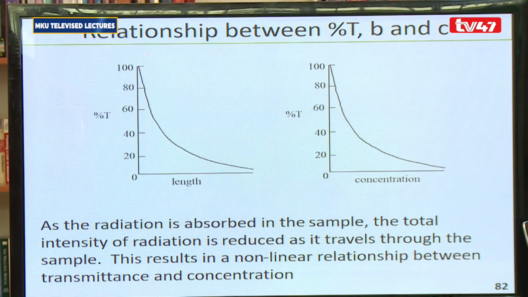If you look at transmittance and path length, you can see the relationship is not linear. Transmittance and concentration, again, the relationship is not linear. And therefore, we usually measure absorbance and not transmittance.